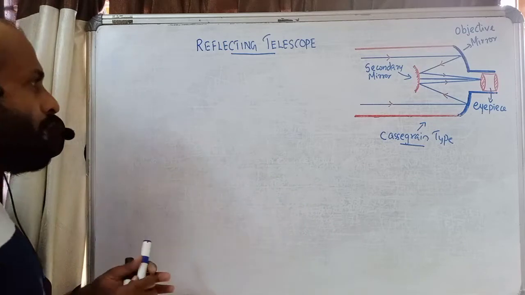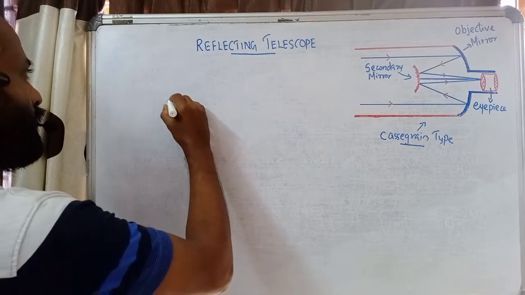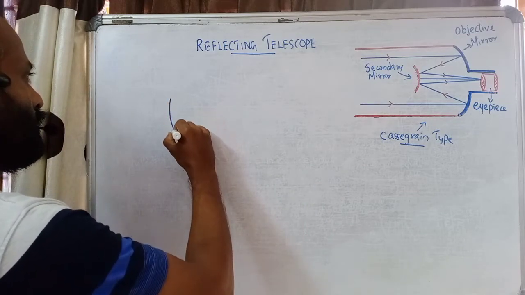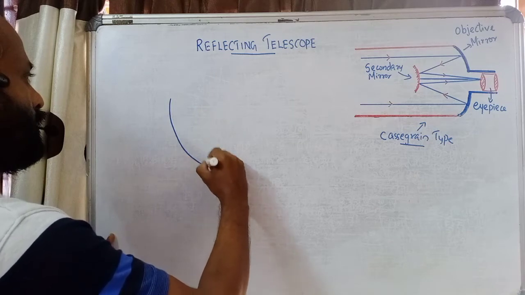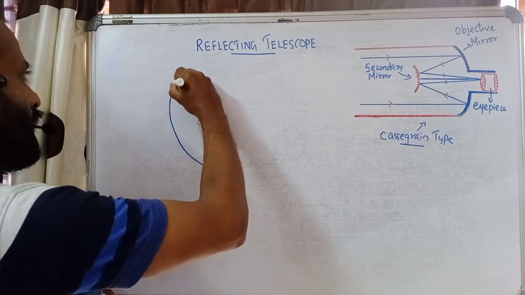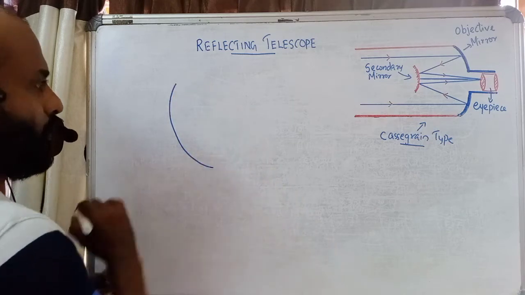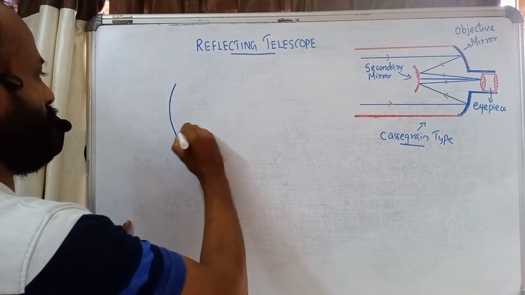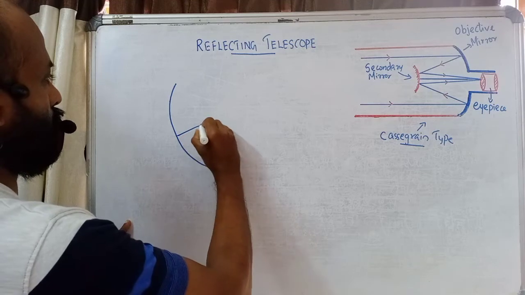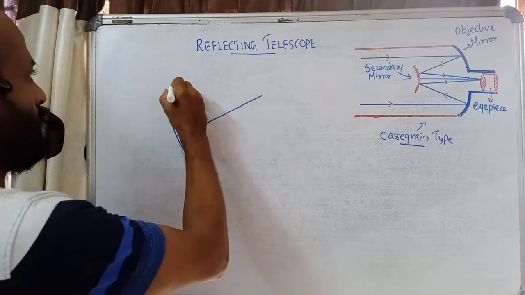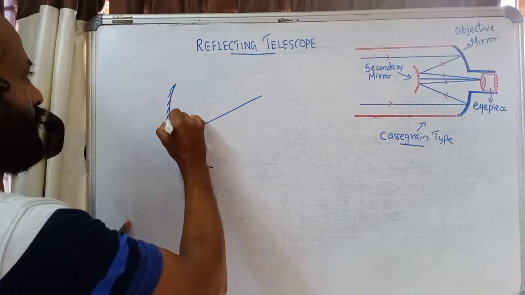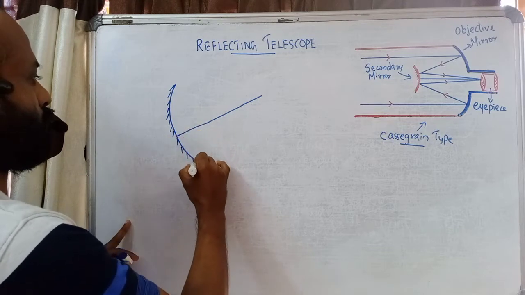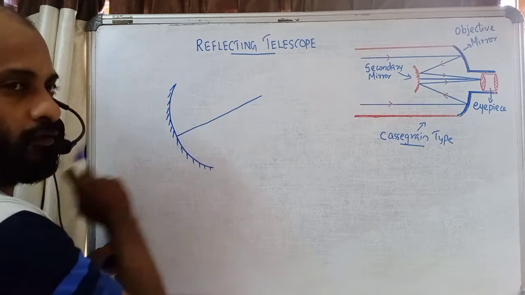I am drawing a parabolic mirror like this. It is not exactly spherical, it is slightly parabolic. This is the principal axis of the parabolic mirror.